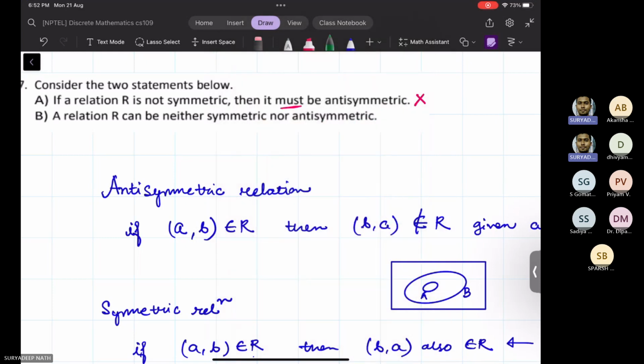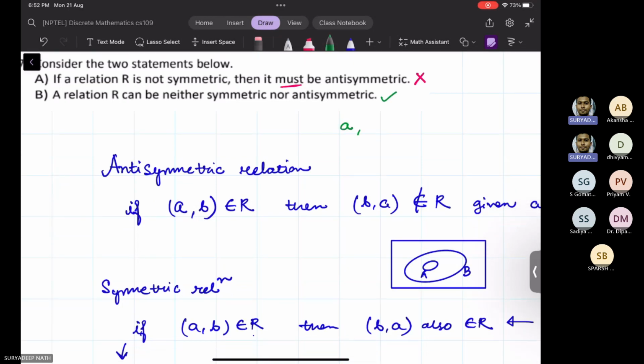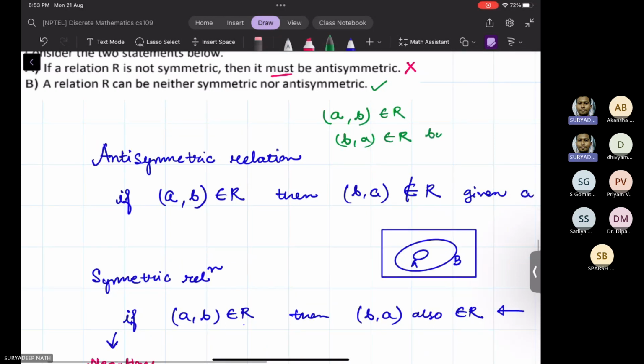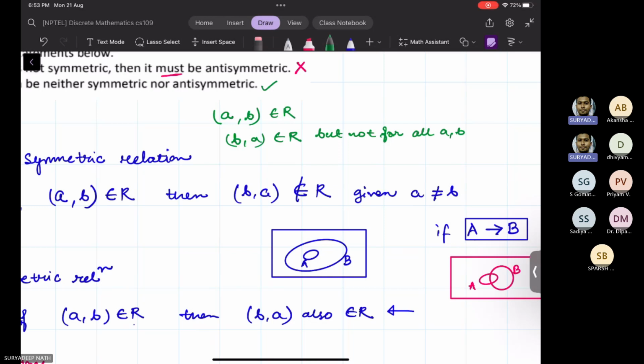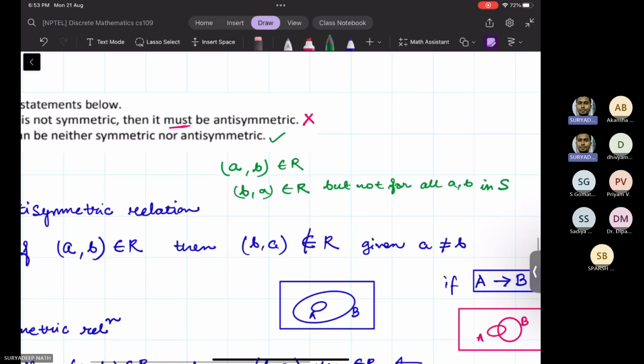Option B is a right one, because it may happen that you have taken elements A and B, where (A, B) belongs to R and (B, A) belongs to R as well, but not for all A, B in the set S. So for some (A, B) it belongs to R and (B, A) also belongs to R, but if you take, let's say, C and D, (C, D) may belong to R, but (D, C) may not belong to R. In such a case, it is neither symmetric nor antisymmetric.